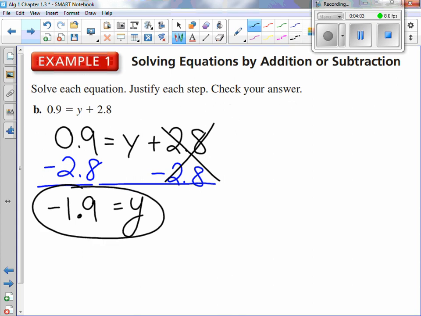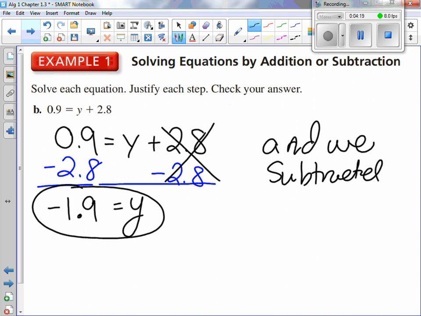And that's it. So justifying our steps, we used the subtraction property of equality, and we subtracted 2.8 from both sides.